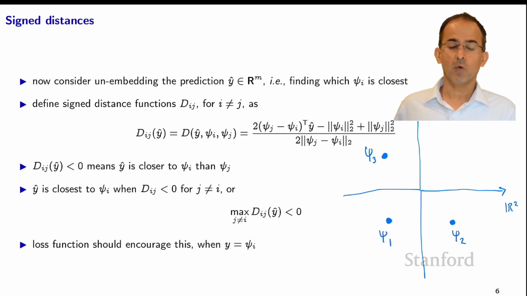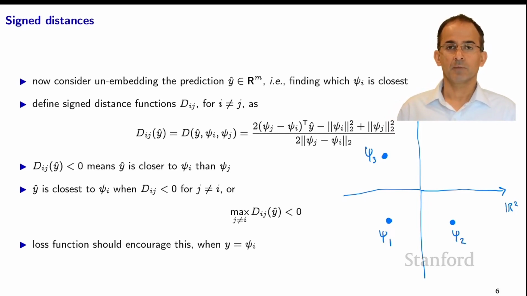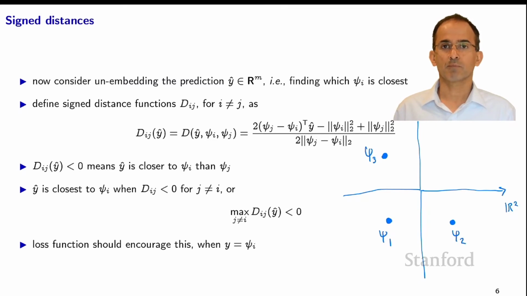Now, with those points, we're going to say, okay, well, those are our embedded points. We'd like to define a loss function with those points. That's what we'd like to do. Now, the idea is, of course, that we're going to have a predictor that produces for us a y hat. And we would like that predictor to be inclined to give us a y hat that's close to psi 1 when y is 1, and a y hat that's close to psi 2 when y is 2, and a y hat that's close to psi 3 when y is 3.